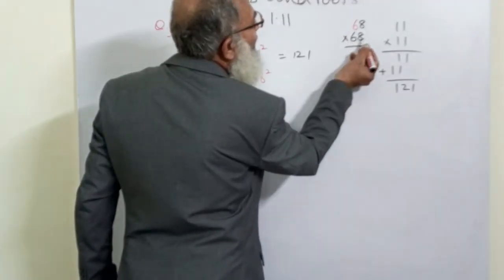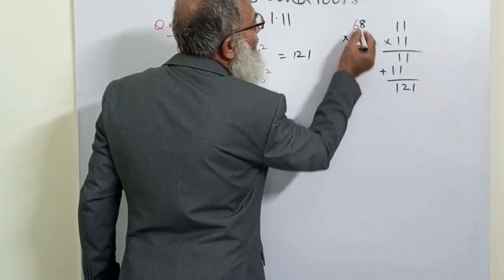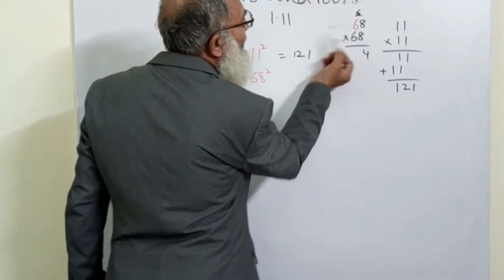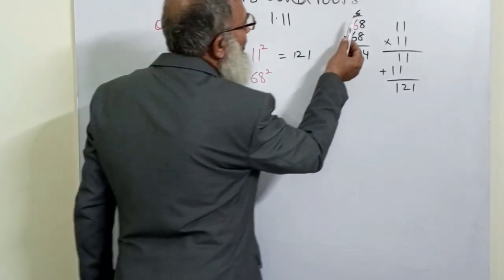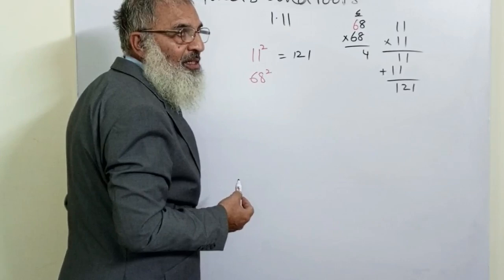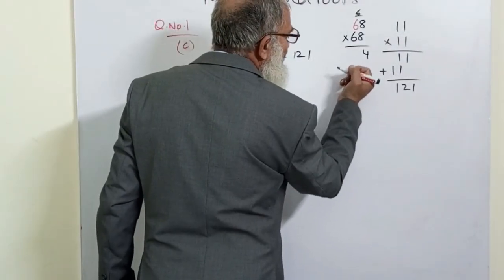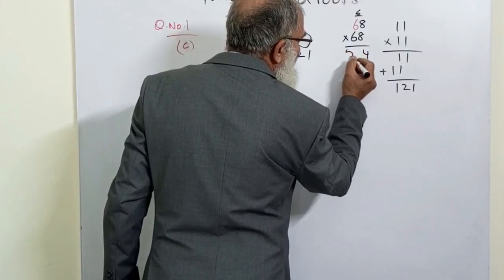Just multiply. 8 times 8 is 64. 8 times 6 is 48, add 6, 54.